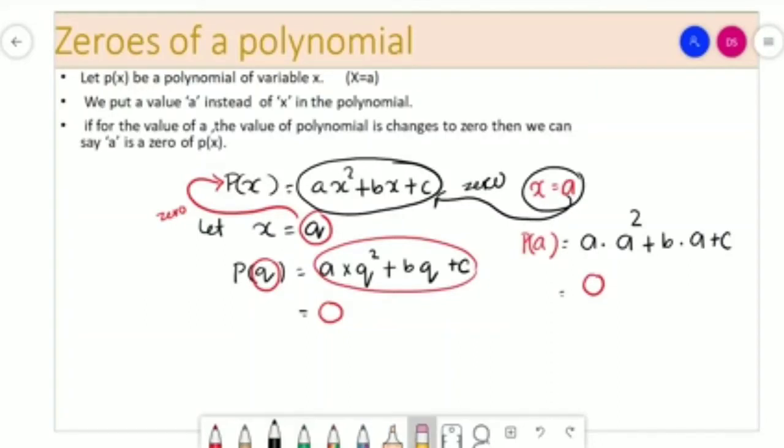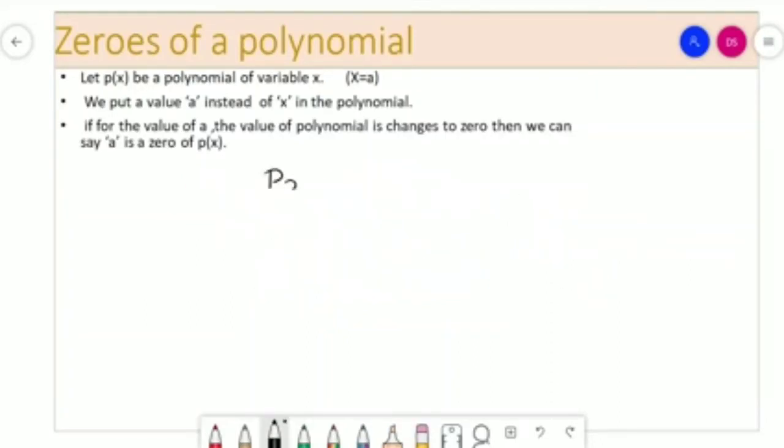Let me take some example. Here p(x) is equal to x plus 5. I just put x is equal to minus 5, arbitrarily, without knowing anything I put a value of x. Now this polynomial will be converted to p(minus 5), and instead of x, what will be put?